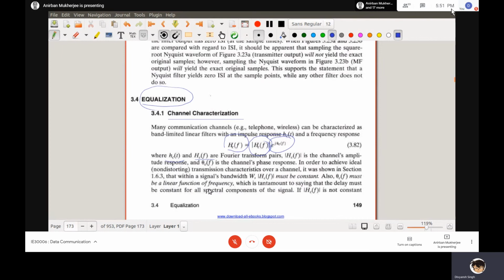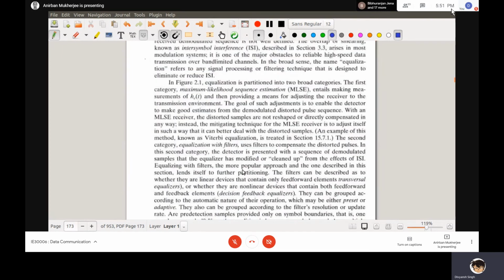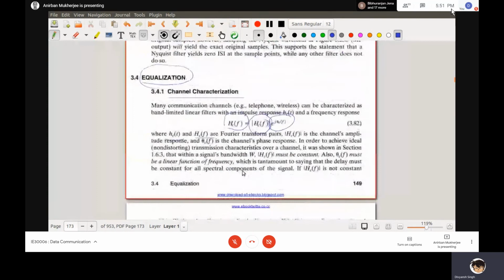Let's see how we do this channel characterization. Usually we say the ideal transmission characteristic, which we have seen, of a channel. In that case, when your bandwidth is minus B to plus B, where B is the bandwidth, the magnitude |H_c(f)| will be constant.